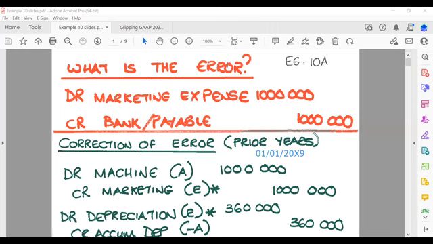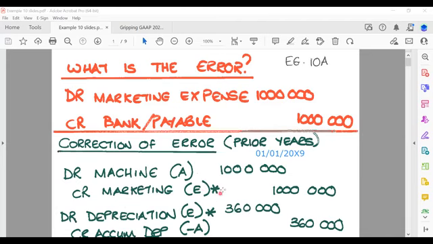Then we need to correct our journal entry. Instead of debiting a marketing expense, we need to debit machine, which is our asset, machine cost asset, and we need to credit our marketing expense. Okay, now you'll see I've got a little asterisk, a star next to this.